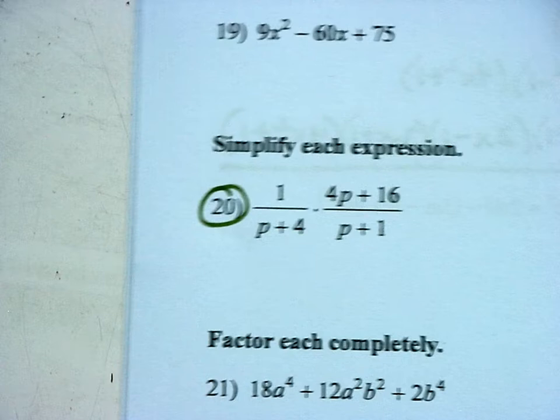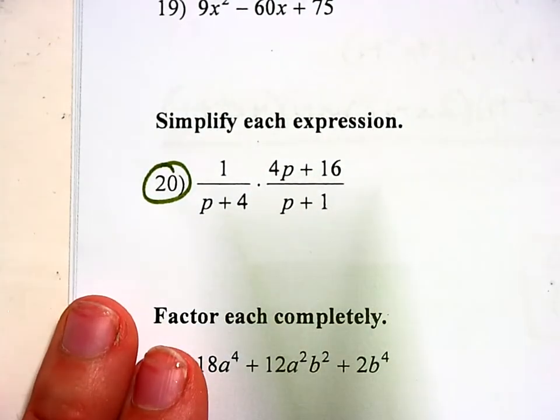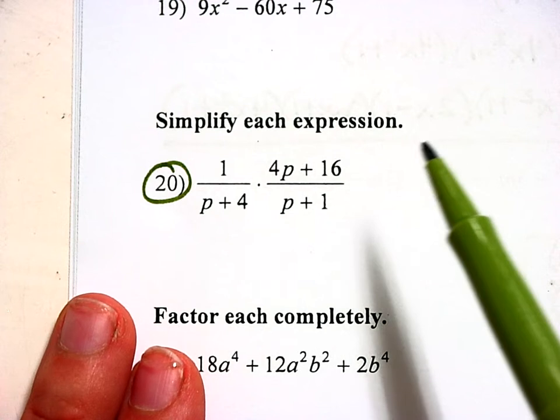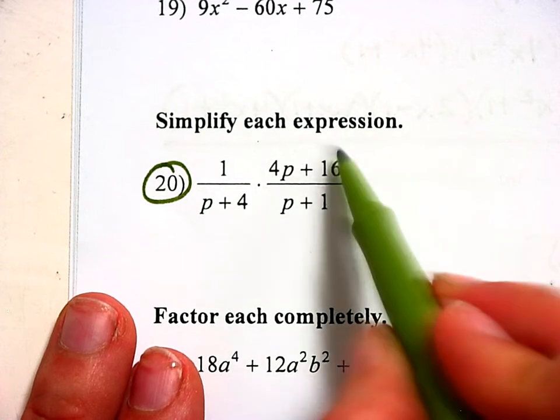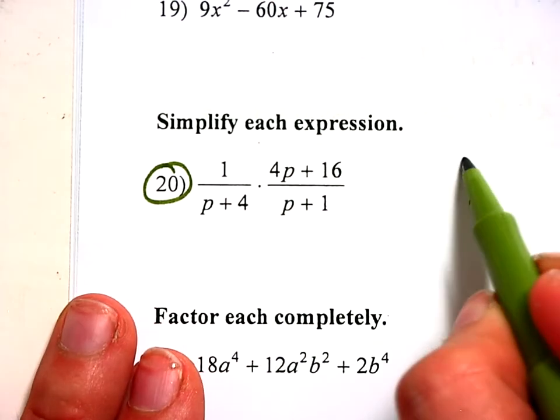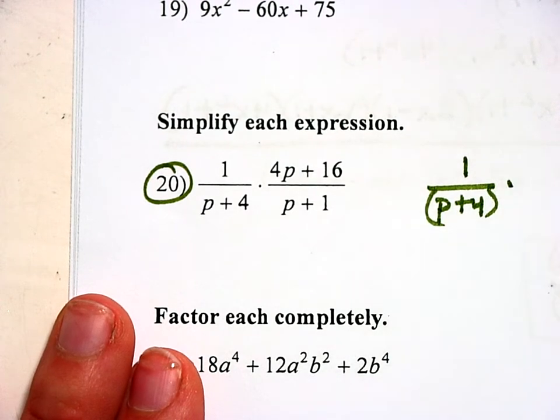On this page, we're going to do number 20. We're going to simplify. And so this is multiplication. So remember, first step with these rational expressions, we're going to factor to see if things cancel and then simplify. I definitely notice I can factor this binomial right here. So I'm going to rewrite the first one, 1 over p plus 4, write this in parentheses, times.